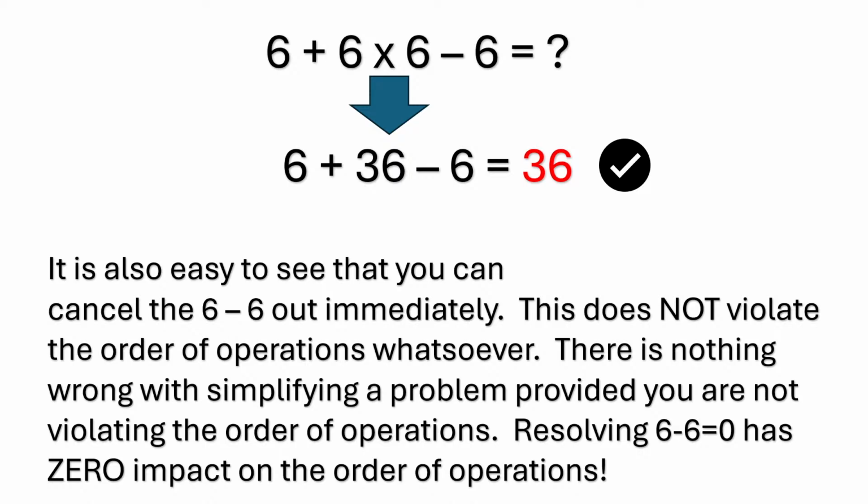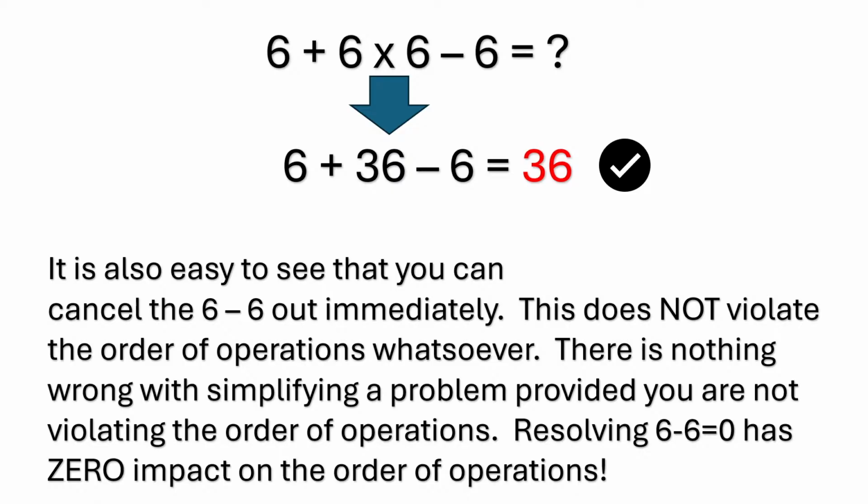But you've got to think about this. People need to understand how to be efficient and still follow the rules. Canceling the 6 minus 6 out immediately does not violate the order of operations whatsoever. There's nothing wrong with simplifying a problem provided you're not violating the order of operations.